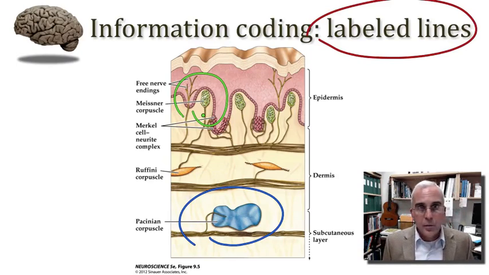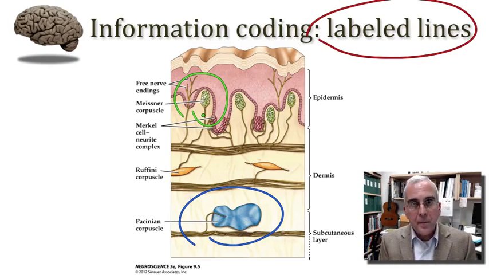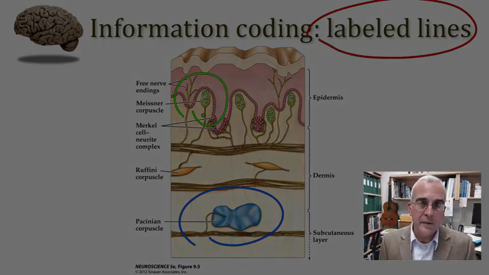So another principle that we see illustrated here in this figure is that of parallel processing. All of these afferent axons are transmitting information in parallel from their various locations in the skin into the central nervous system. In this case, either the spinal cord or the brainstem.